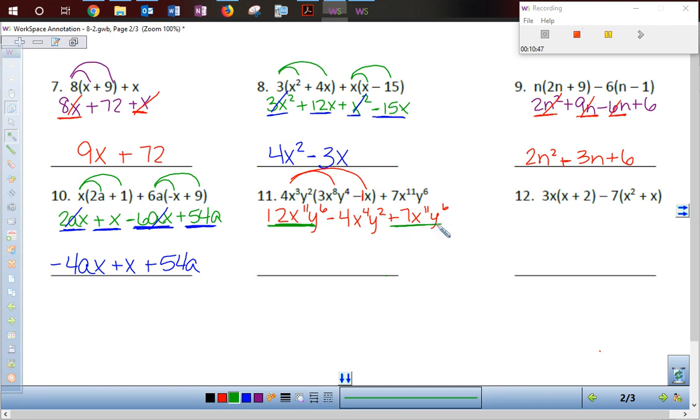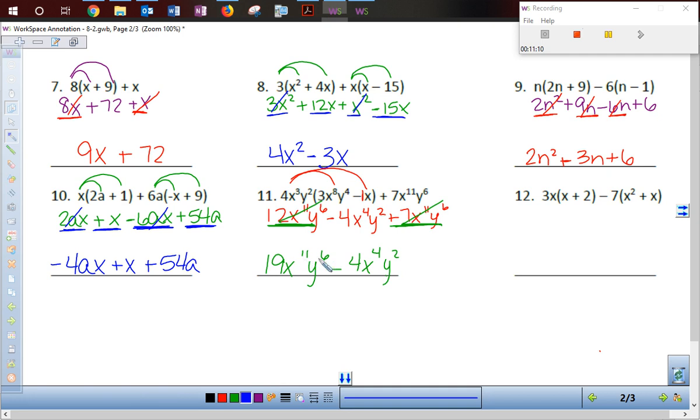But this guy here has an x and a y raised to the 11th and the 6th power. So these guys are like terms, and I can add them together to get 19x to the 11th, y to the 6th. Finally, that leaves me with my third term, which can come straight down and say minus x to the fourth, y squared.